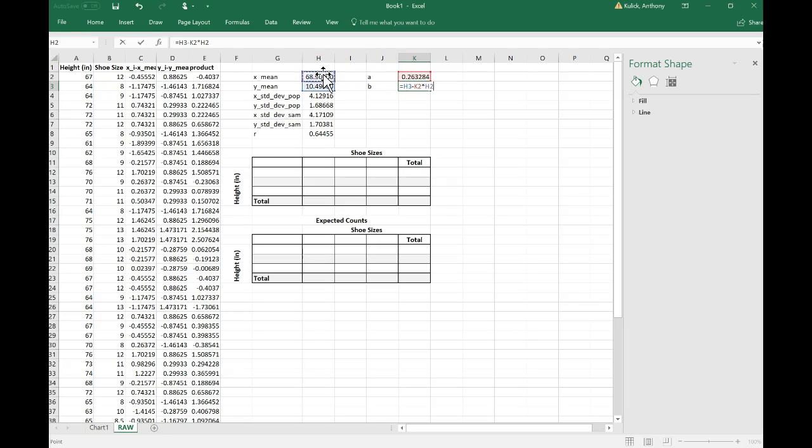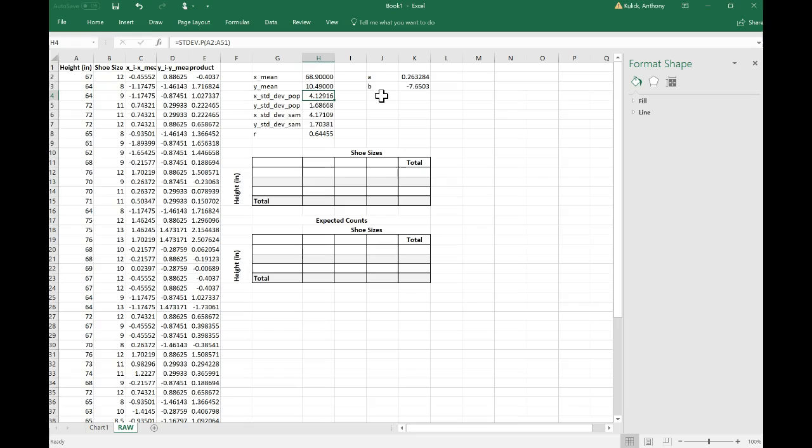And notice when I'm doing this, I'm never typing the numbers in. I'm always clicking on the cell and using the cell, because really in here, this number has hundreds of decimal places, and Excel will carry hundreds of decimal places. So your answer is much more accurate doing that, and plus it saves a lot of time where you don't have to type in all that nonsense.